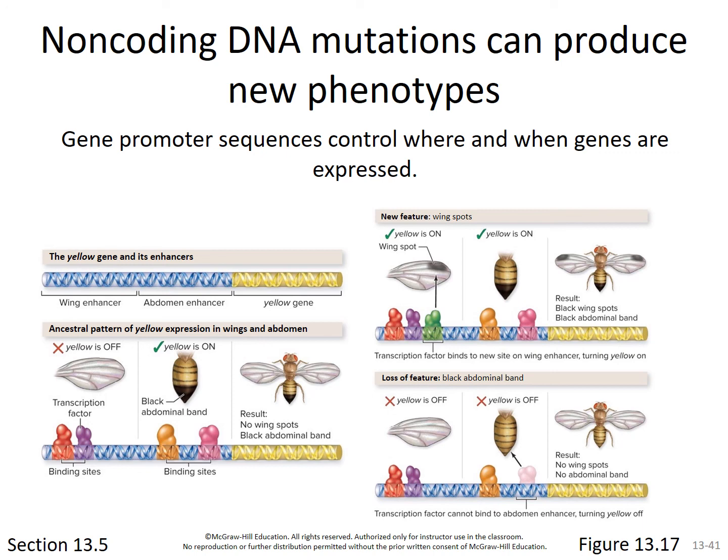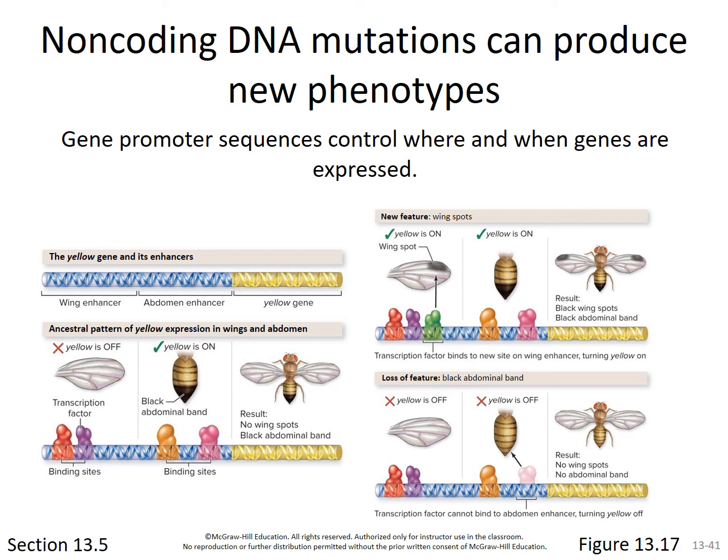Now, in another species of fly, you don't have that yellow gene being turned on in the wings. So the yellow remains off. But in this particular fly, the binding site for the gene has been lost in the area of the embryo that develops into the abdomen. And so in this case, you have a fly that has not only no wing spots, but no abdominal band.